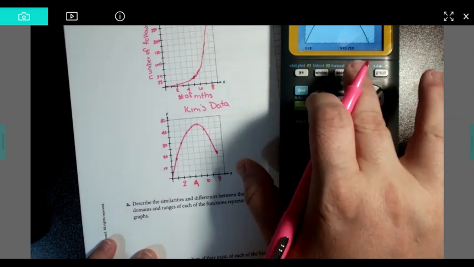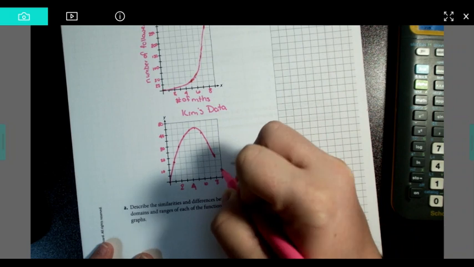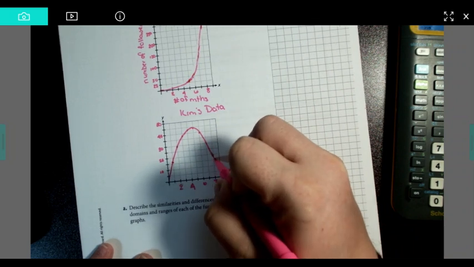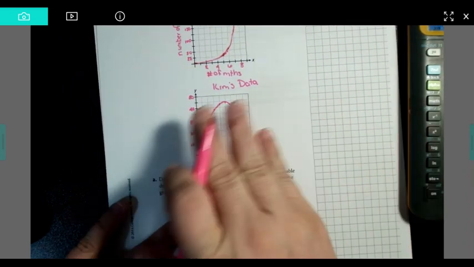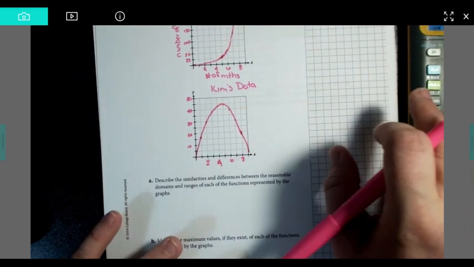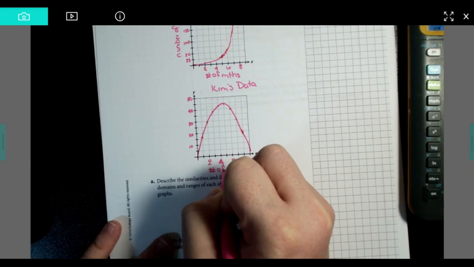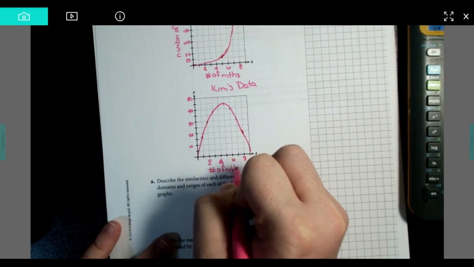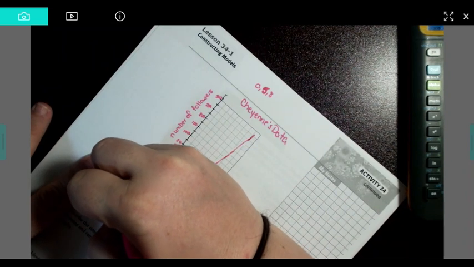It's at approximately 3.7. So I could get the most accurate kind of shape here. Again, number of months, number of followers.